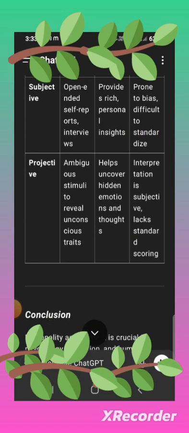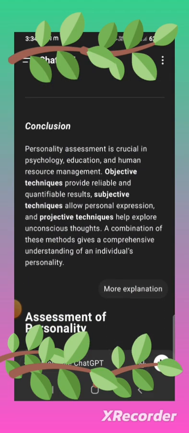Projective techniques: ambiguous stimuli to reveal unconscious traits. Advantage: helps uncover hidden emotions and thoughts. Disadvantage: interpretation is subjective, lacks standardized scoring.